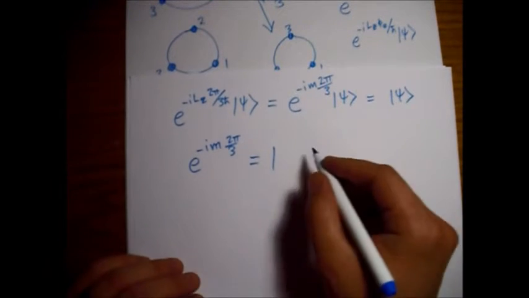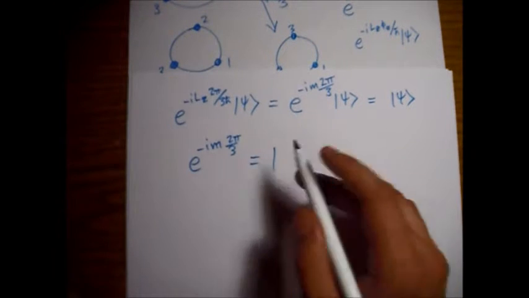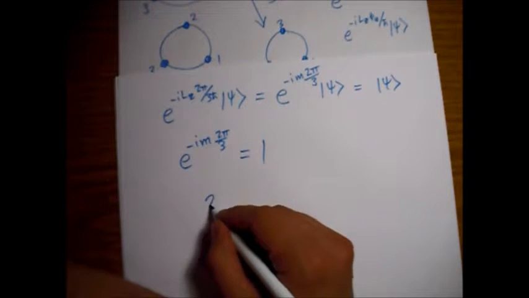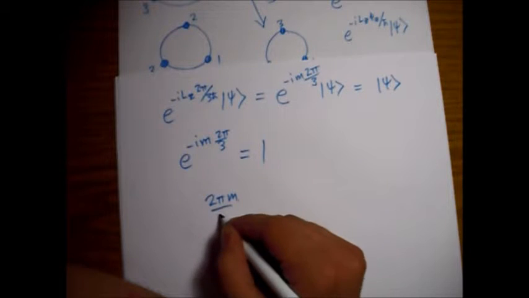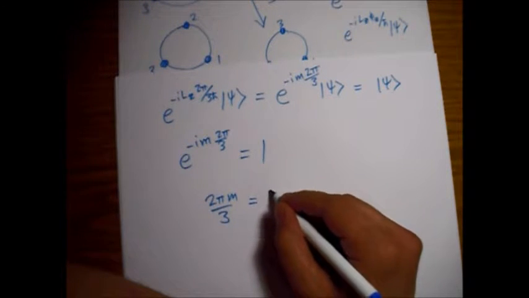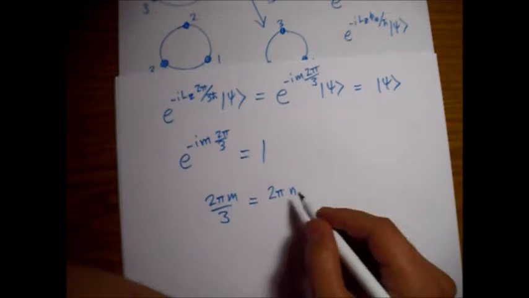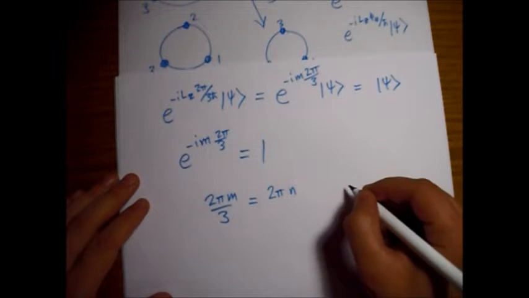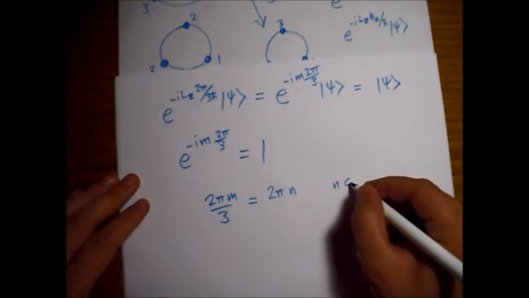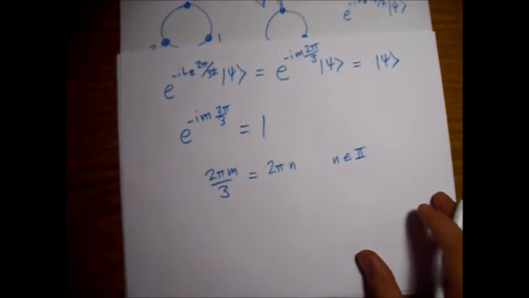So for this complex exponential, this will be equal to 1 whenever 2 pi m over 3 is equal to some integer multiple of 2 pi. I'll just use n for that, where n is an integer.